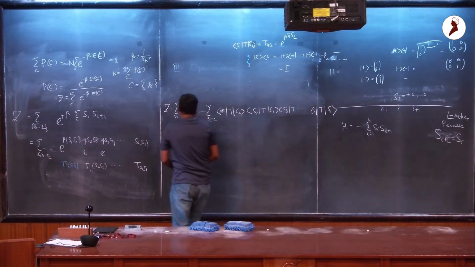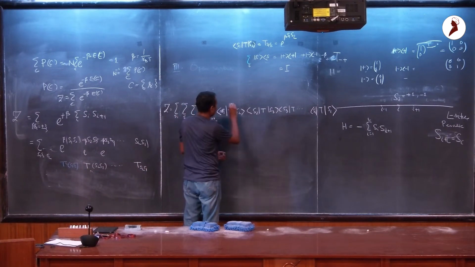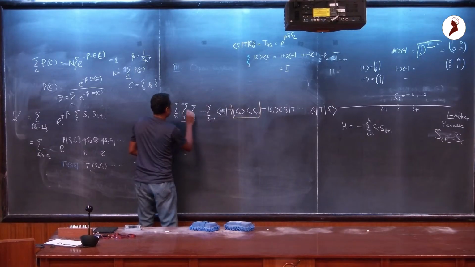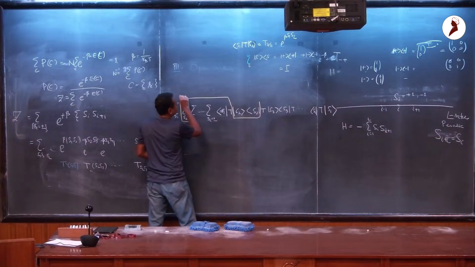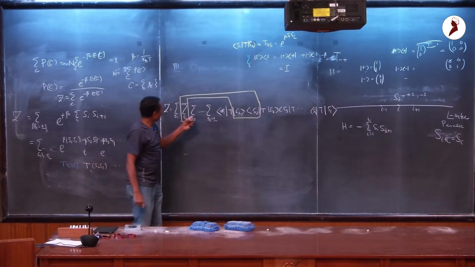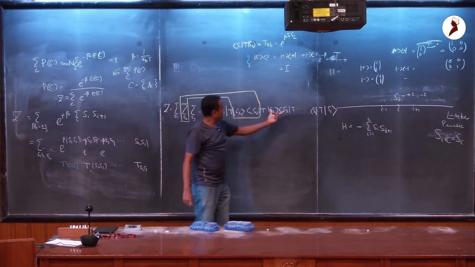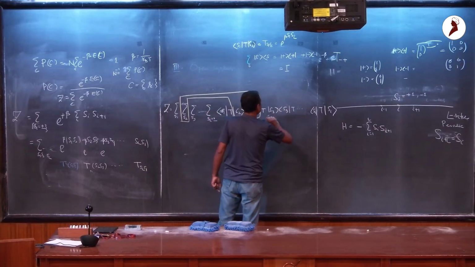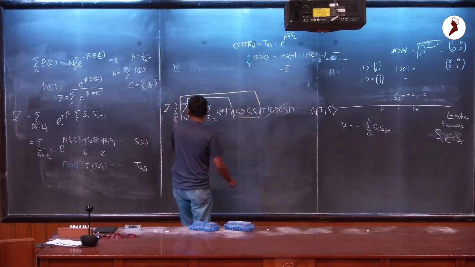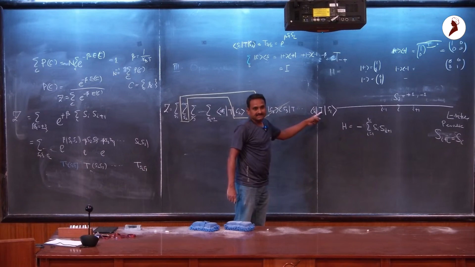Now look at where S2 appears. S2 appears in these two places, and there is a sum over S2. So this can be taken out, and the summation over S2 of S2 S2 is just the identity. Similarly for S3. Finally, start with S1, end with S1, and in between there are L number of T's.